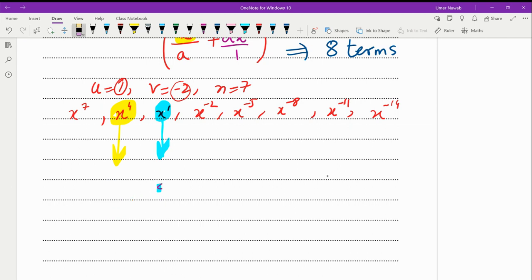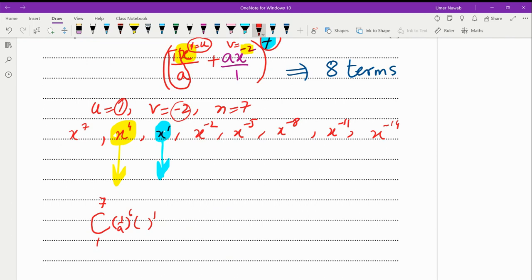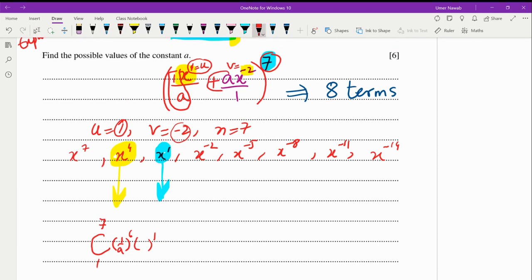So what is the number? 7c1, 7 minus 1 is 6, and in here I'm going to write 1. What is the coefficient of x here? It is 1 over a. I'm going to write it here. And what is the coefficient of x^-2 here? It is a.